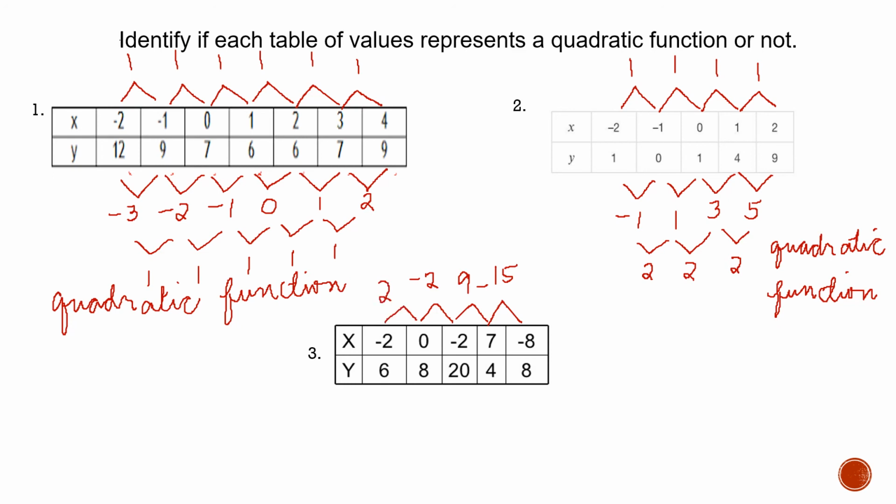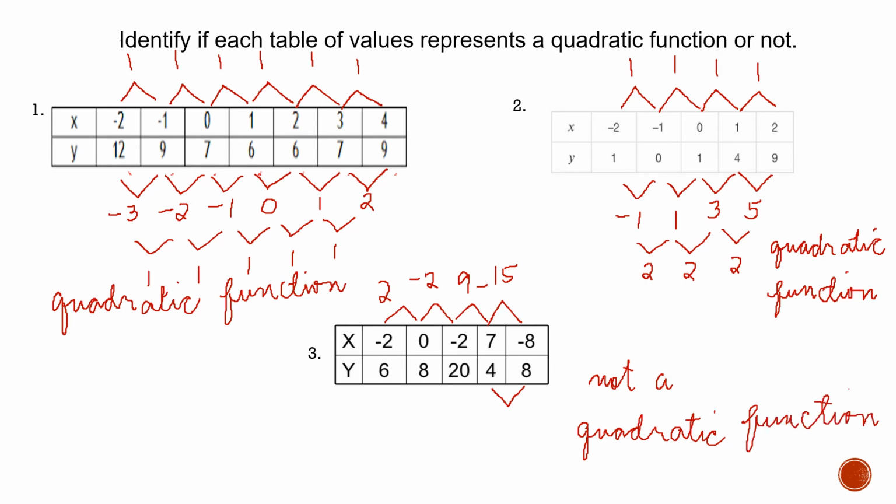As you can see, the differences in x are not equal. Let us still get the differences in y, even though we already know that this table of values does not represent a quadratic function. This is not a quadratic function, since the differences in x are not equal.